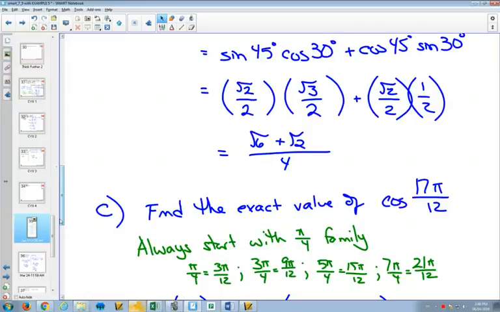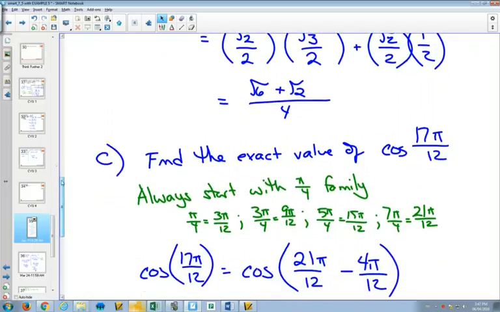It doesn't matter which pi over 4 family you start with. Whichever one you pick, and I chose 101 pi over 4 as mine to get 303 pi over 12. Whatever you start with a pi over 4, whatever you add or subtract to that to make the number you want will always work. So for cos of 17 pi over 12, we could pick any one of those and it will work. In fact, you guys all chose one of those ones when finding it.